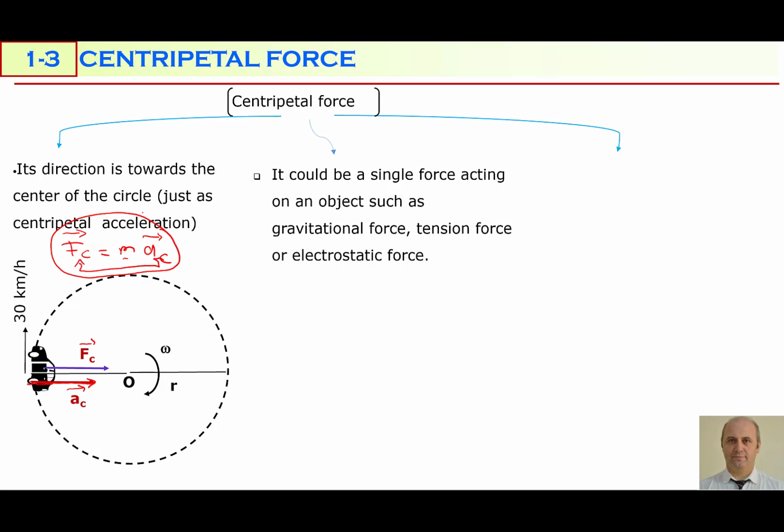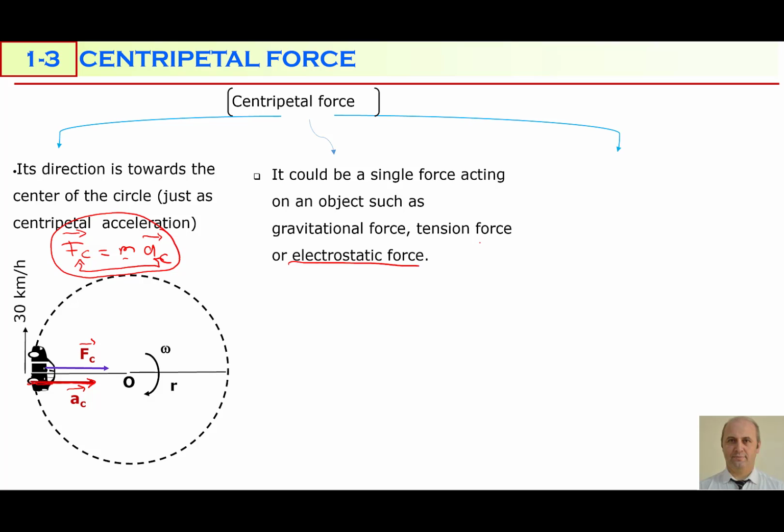For example, gravitational force acts on the moon and the moon revolves around the earth. Or tension force, we will talk about later. You can swing an object attached to a rope on a circular path with that tension force. Or electrostatic force, which you learn in the 11th grade: electrons revolve around the nucleus, so the force which keeps these electrons around the nucleus is the electrostatic force.